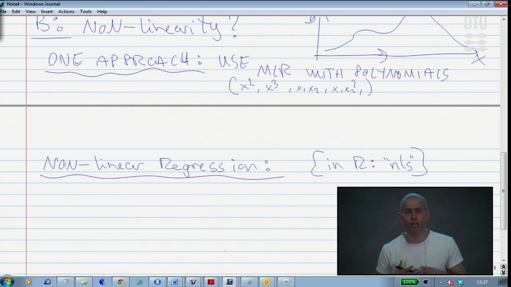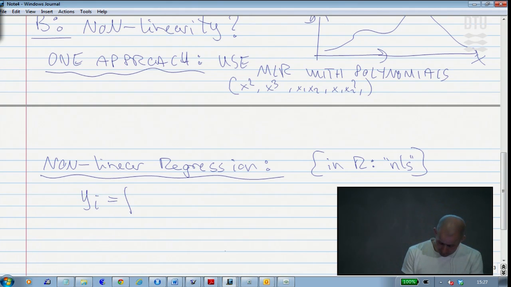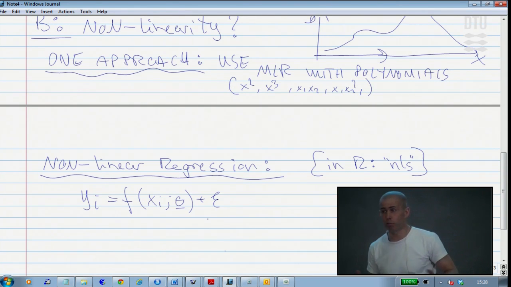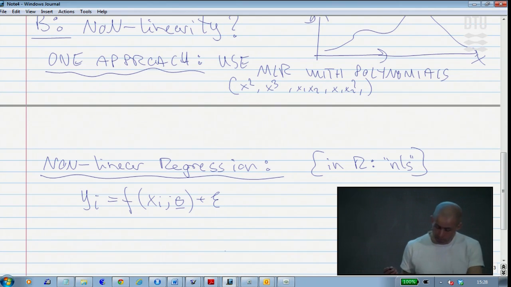Nonlinear regression is another very straightforward generalization of simple linear regression. It's a way where you express the model, where you have some kind of nonlinear function as a model, how y depends on x, not through a linear model, but through a nonlinear model. It could be an exponential or a combination of exponentials, like in chemistry.